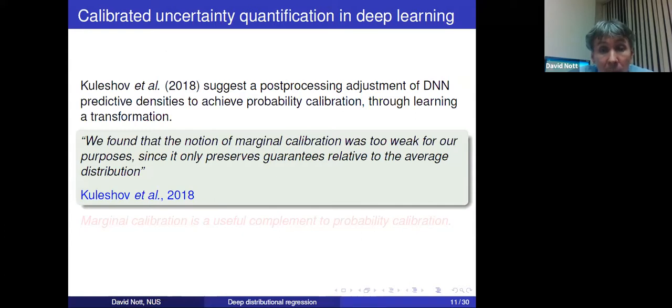They suggested a probability calibration technique for regression, a post-processing adjustment. In their paper, they have this quote that I thought I'd share with you. They focus on probability calibration, but they discuss other notions of calibration as well. They say that they found the notion of marginal calibration was too weak for their purposes, since it only preserves guarantees relative to the average distribution.